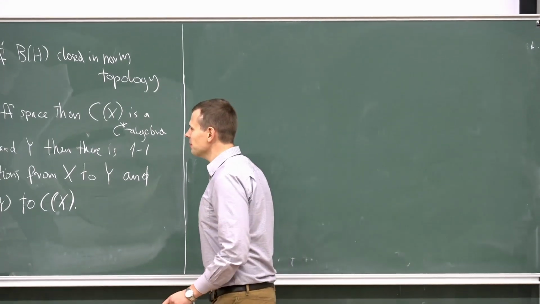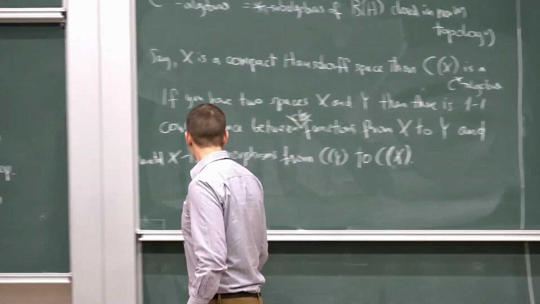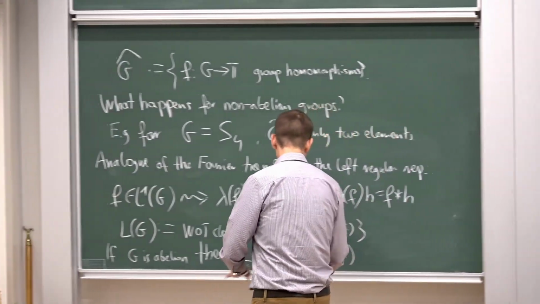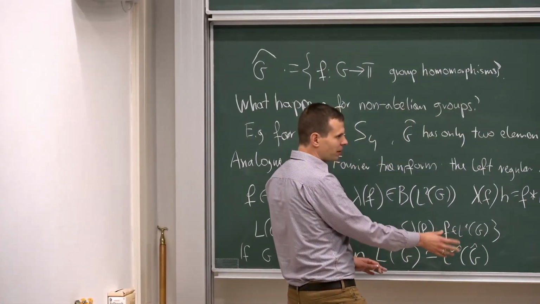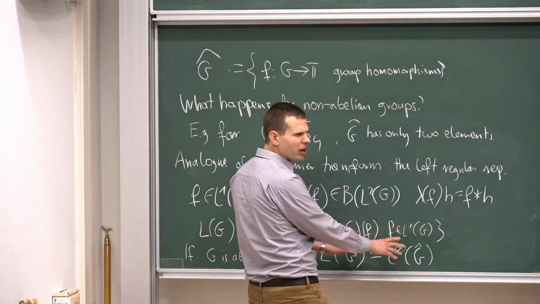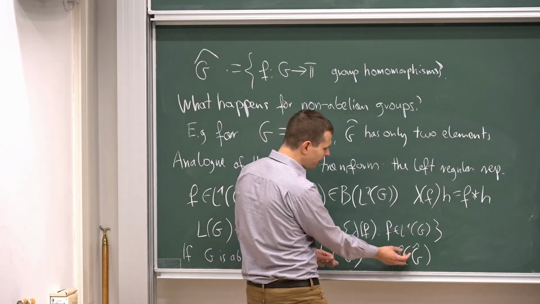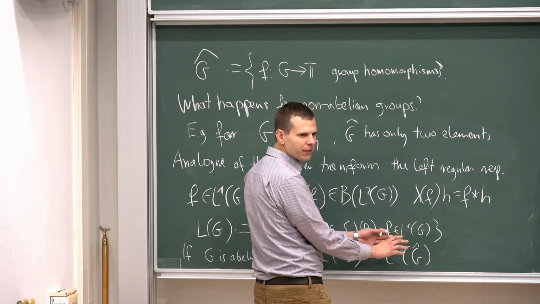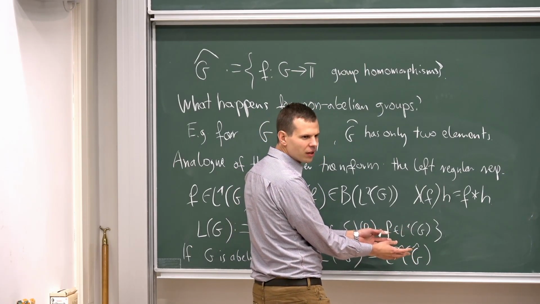Okay. So then, this isomorphism is really fundamental, but it's morally a similar thing. So C-zero of infinity of G hat, these are also functions on G hat.